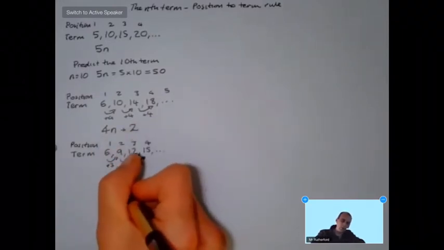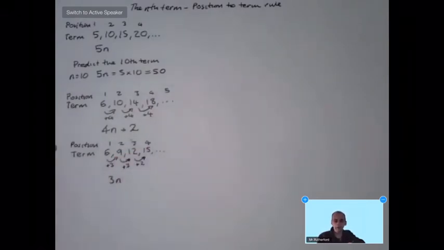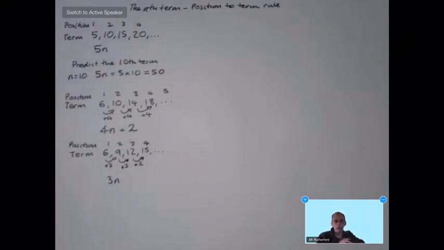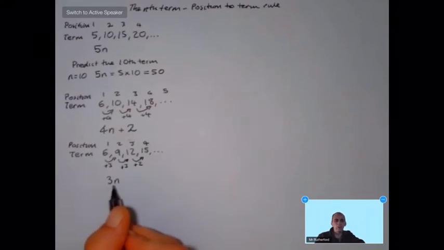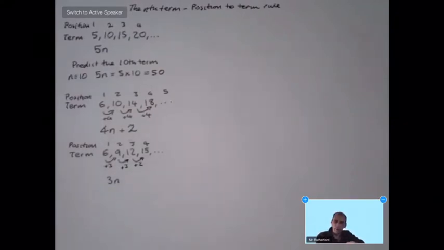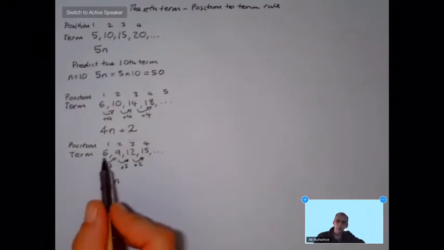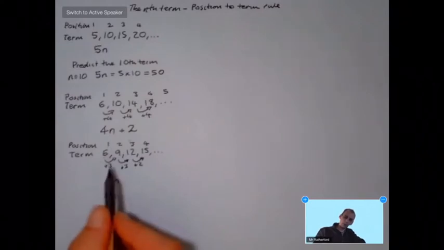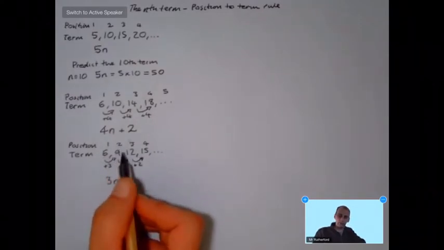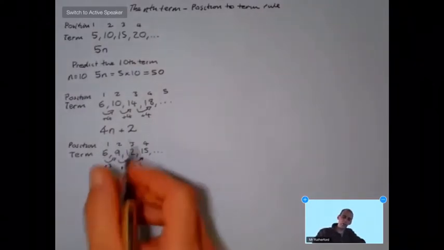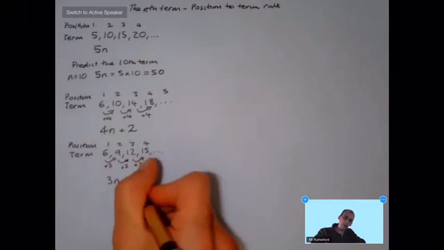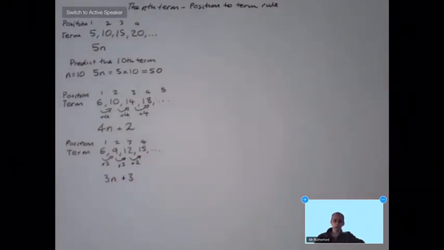All of those numbers look like they're in the 3 times table, but the rule is not 3n. If you think about it, the 3 times table does not start on 6, it starts on 3. So the second number in the 3 times table is not 9, it's 6. We need to add 3 to those numbers.